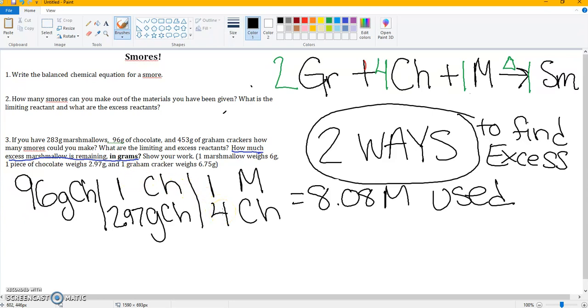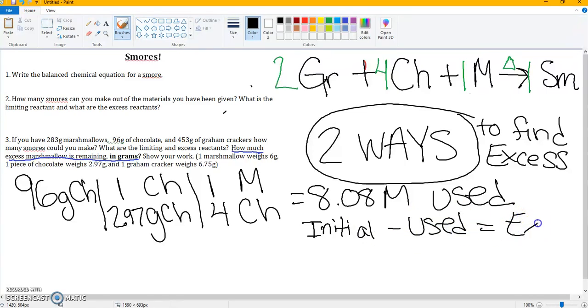I know that for every 4 chocolates I use, I need 1 marshmallow, so I use that ratio to get how much marshmallow was used. Okay, and now in this one I'm left with 8.08 marshmallows used, and so if I want it, I can simply subtract the initial minus the used, and I can get my excess.